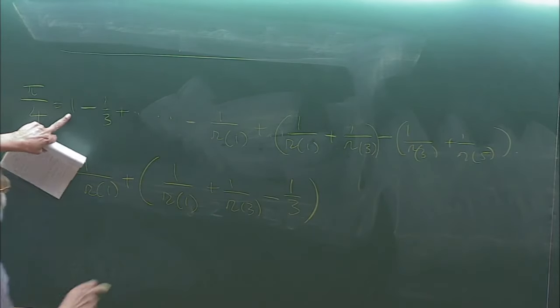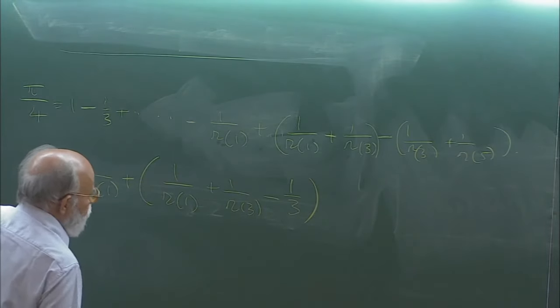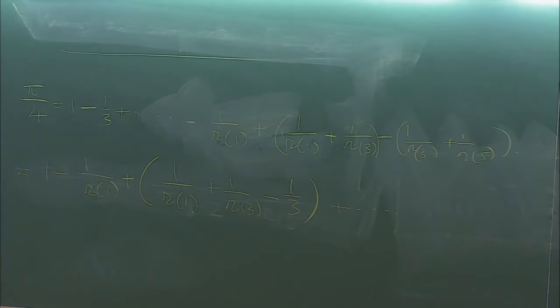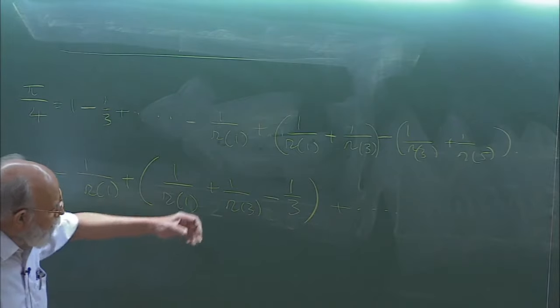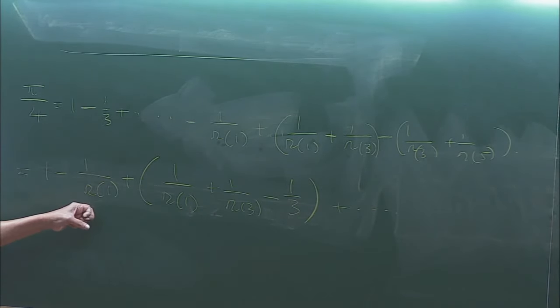First I group this term with this term, then I group this term with the other two, and carry on like this. Now you can see right away that this is an empty statement because it's always true. Because if I know the R exactly, this is 0. This just defines the first remainder as 1 minus pi divided by 4. That's all it does. So it's empty. There's no content in it.